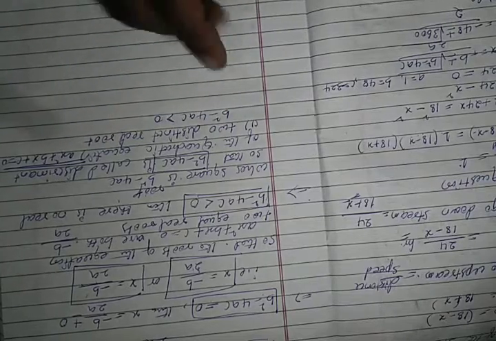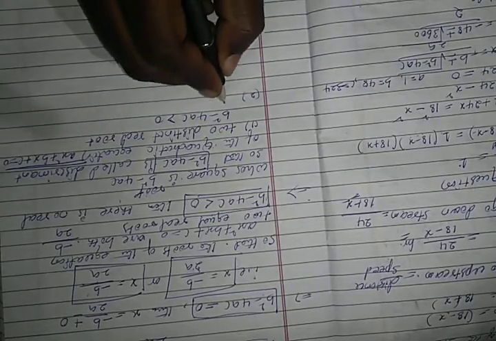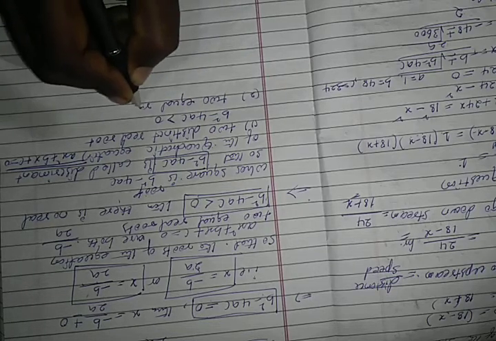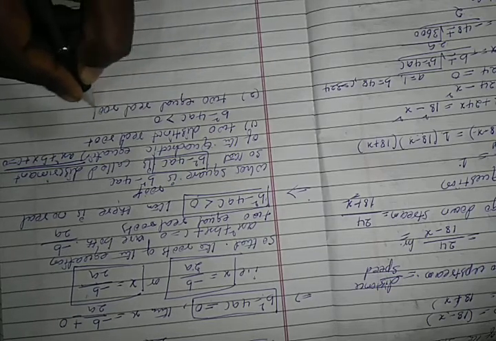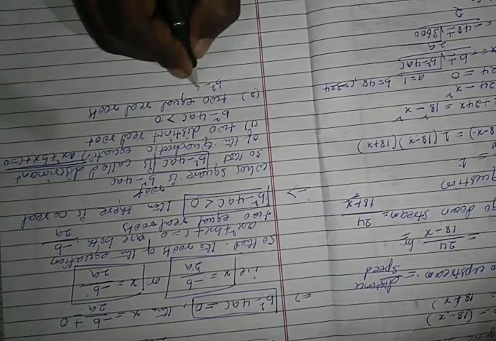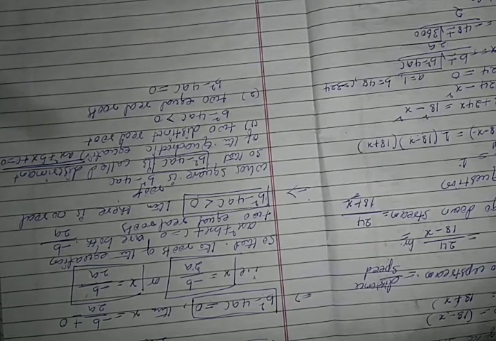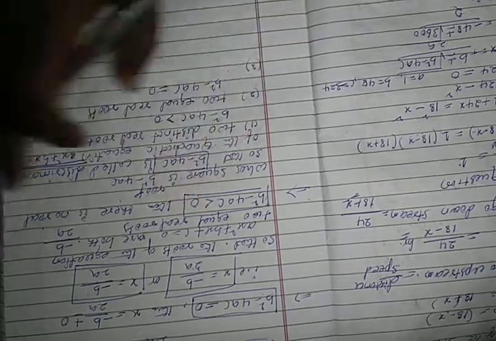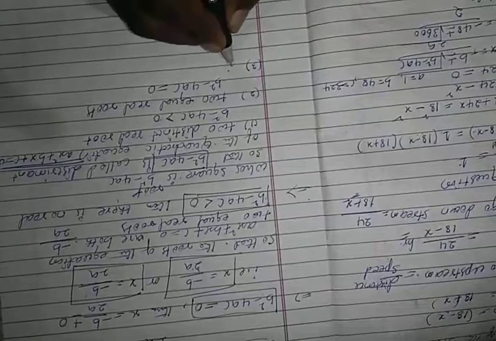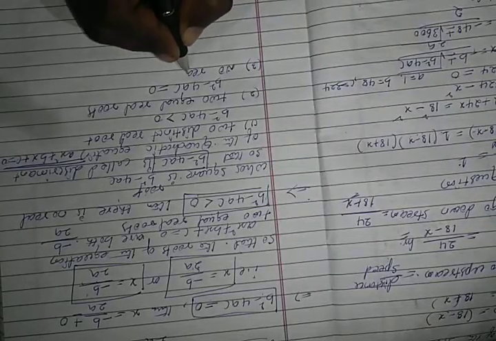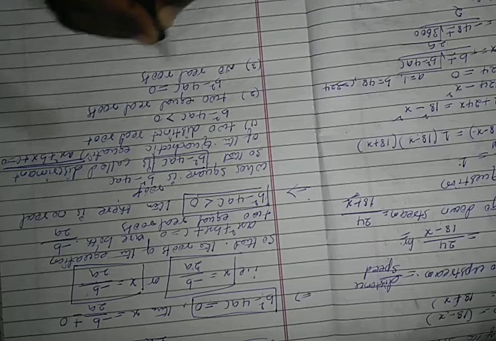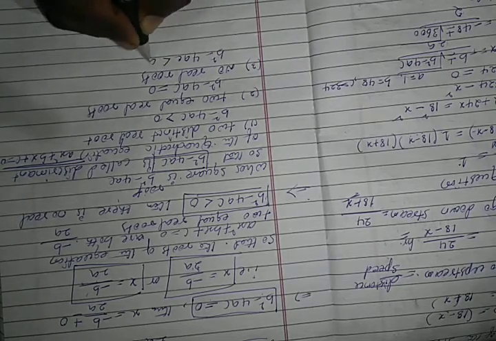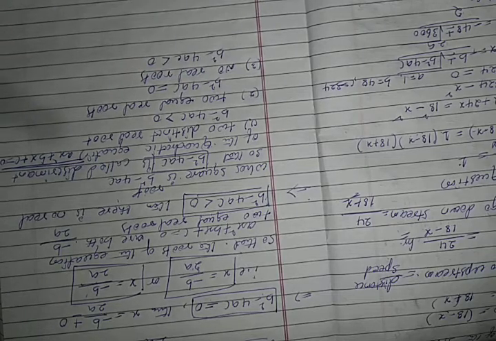And then the second one, two equal real roots, that is b square minus 4ac exactly equal to 0. And then the third one, there are no real roots, when b square minus 4ac is less than 0. So there are three conditions, very important.